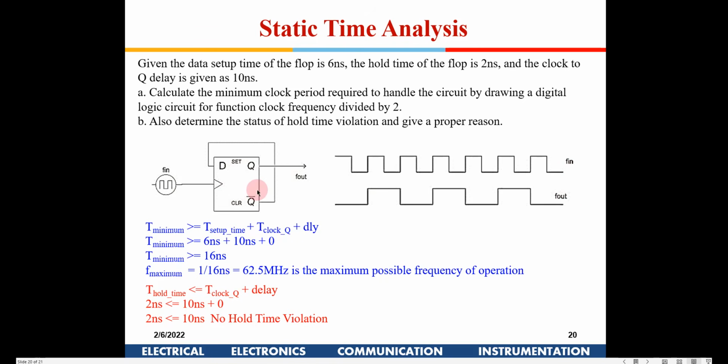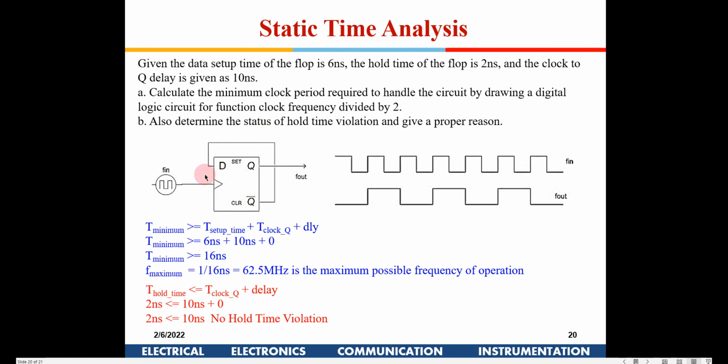So in this circuit, what is the maximum frequency you can operate? That is what we need to find out, right? This is a frequency divider, but for what frequency range will it work without any error, that needs to be found out. So you will find T minimum, which is T setup plus T clock-to-Q delay.